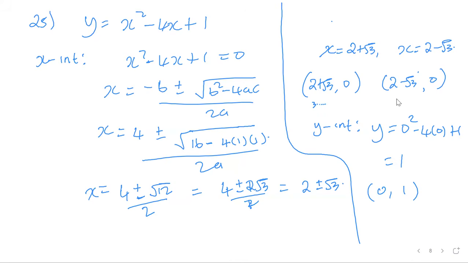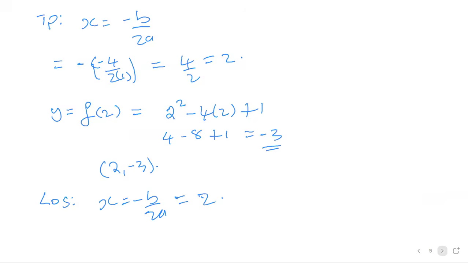So the first one is going to be (3 point something, 0), and the next one is (1 point something, 0).